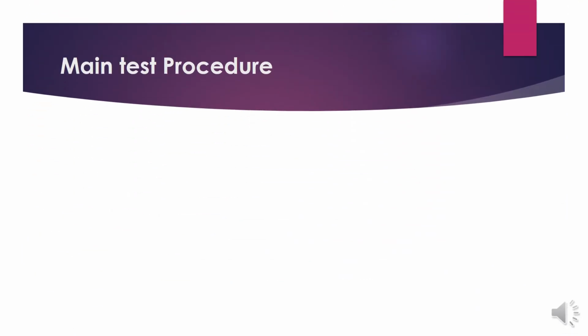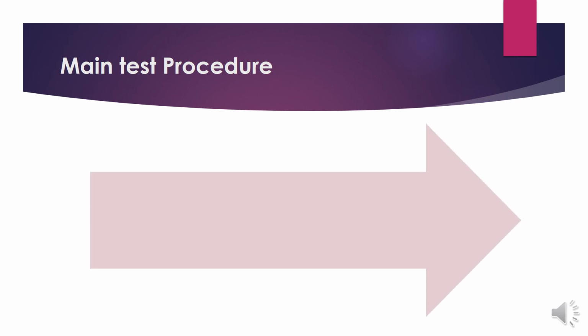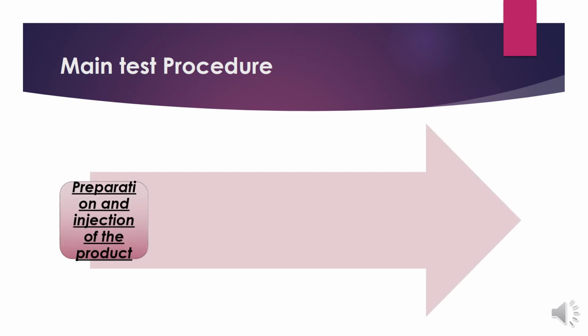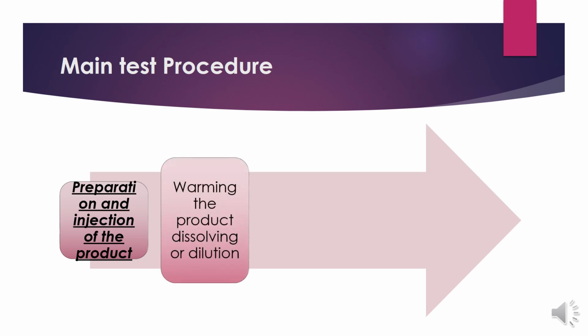After determination of the control temperature of each rabbit, the next step is preparation and injection of the product. If your product is already available in the form of solution, you can directly inject it, but if it is available in the form of powder, you have to dissolve it and make it into a solution before injection.